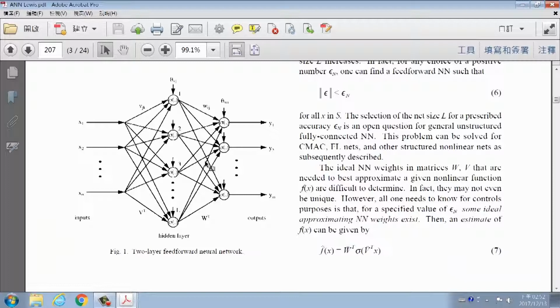So the structure is, we call this layer the hidden layer, which is inside the neural network. So in this case, we have one hidden layer.